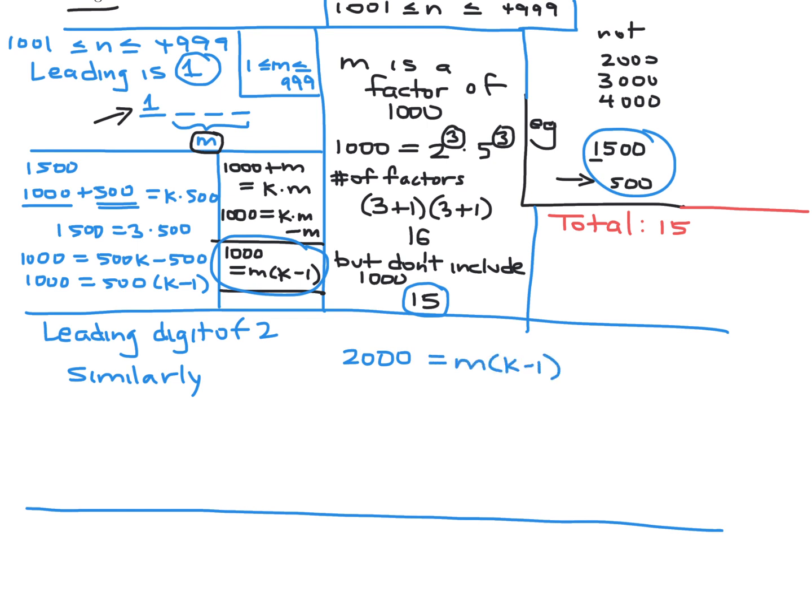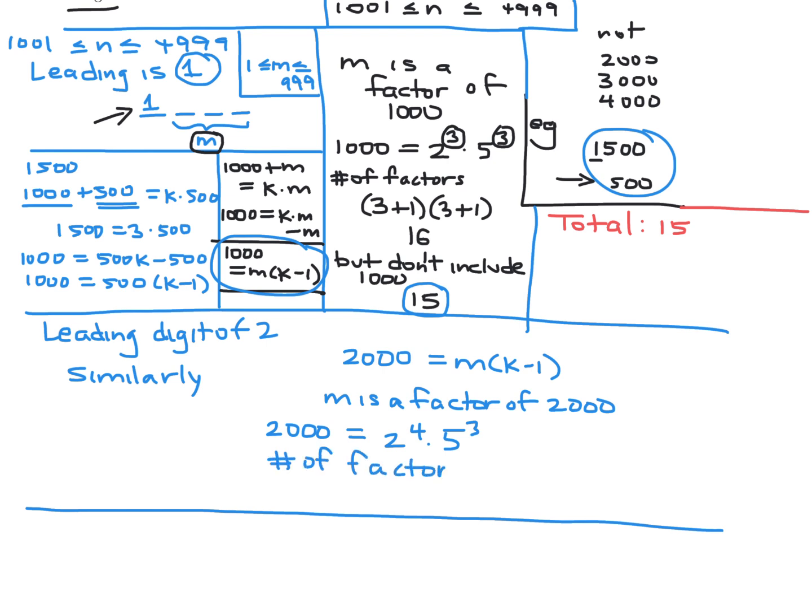And very similarly, m is a factor of 2,000. So same thing, you break up 2,000 into its prime factors, which I believe is 2 to the power 4 times 5 to the power 3. The number of factors, therefore, in our quick system would give me 4 plus 1 times 3 plus 1, which is 5 times 4, which is 20.